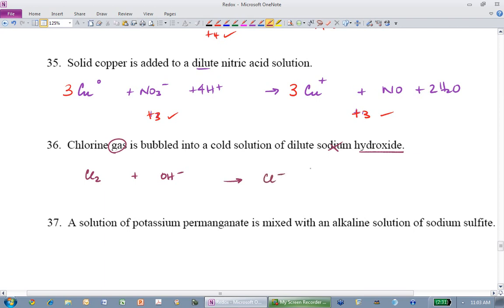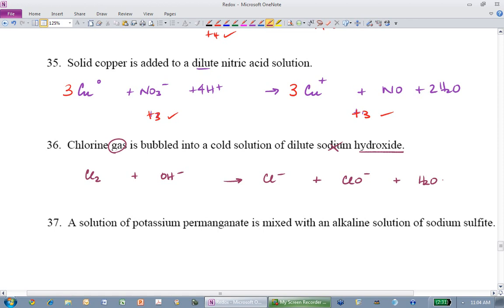So go with the normal, it's going to make Cl-, and then it's also going to make a version of a ClO. Stick with the lowest one and you're good. You can use any of them, but it's just going to be more of a balancing nightmare. And because you have hydroxide on the left, you're always going to have water on the right. Anytime you put either H+ or hydroxide on one side, you're going to have some water on the other side, most likely, to make that all balance out.